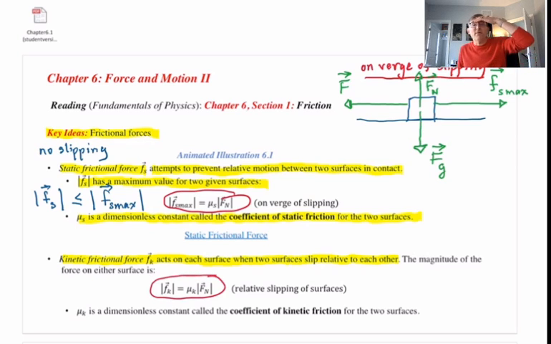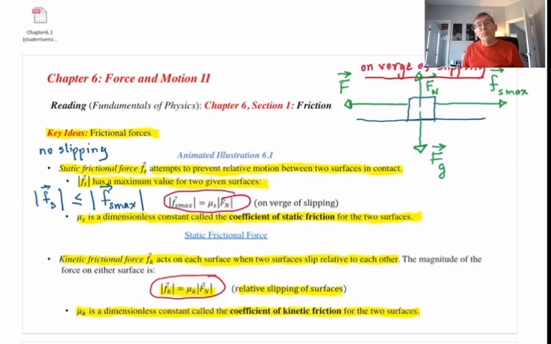And warning, it's rather similar to the formula for Fs max, but its own distinct formula. It says the magnitude of the kinetic frictional force is equal to a dimensionless constant called the coefficient of kinetic friction, mu sub k, times the magnitude of the normal force. And that applies when there is relative slipping of the surfaces. And as I said, mu sub k is a dimensionless constant called the coefficient of kinetic friction for the two surfaces.